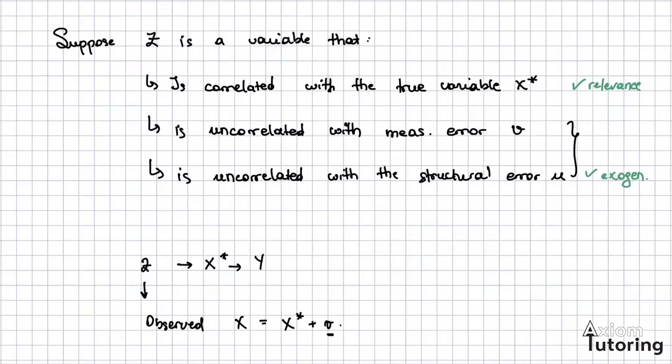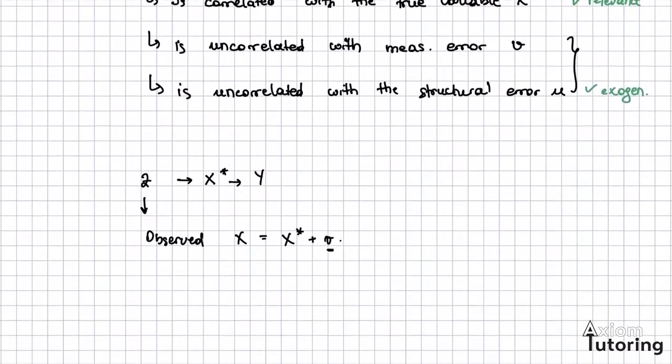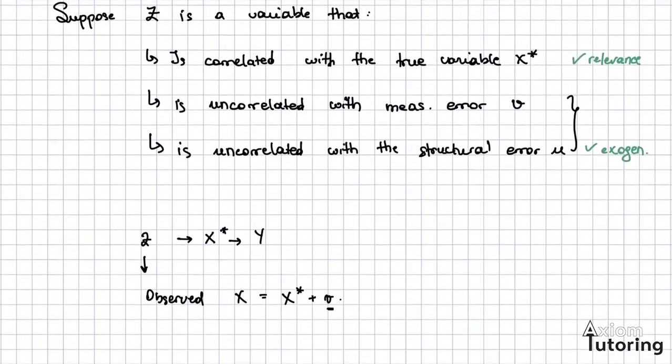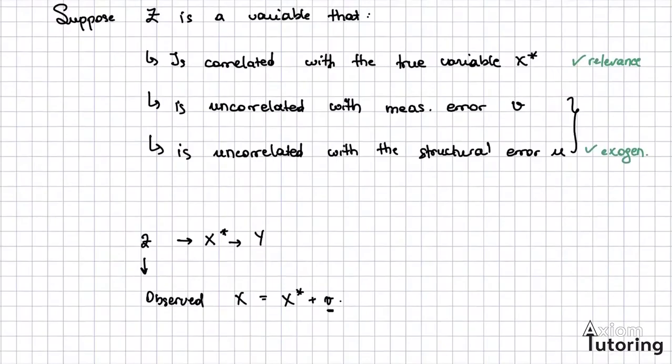Now, why does IV work in the case of measurement error? So remember what IV does. It isolates the variation in X that comes from the instrument. The variation reflects exactly how the Z moves X star, the true variable, and it does not reflect the measurement error V, because Z, as we said, is uncorrelated with the measurement error V, okay?